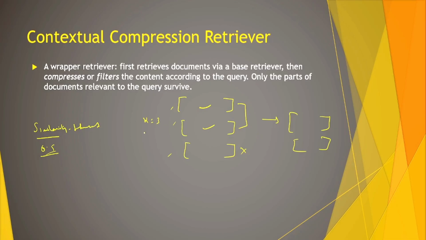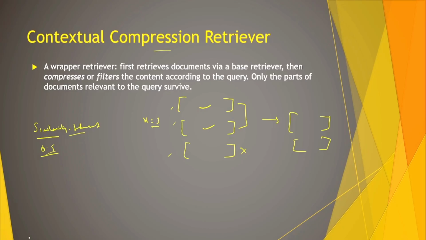Okay, this is why we use the compression retriever. So I hope you understand. Using the threshold value, we are omitting the irrelevant documents from our final top documents, and getting the final output which is more relevant using the compressor retriever.